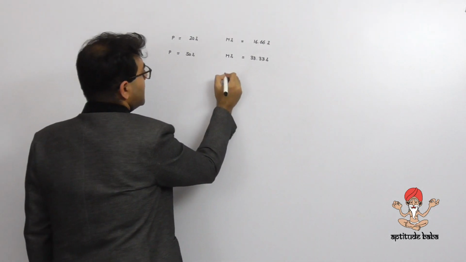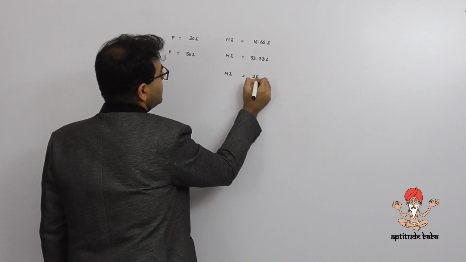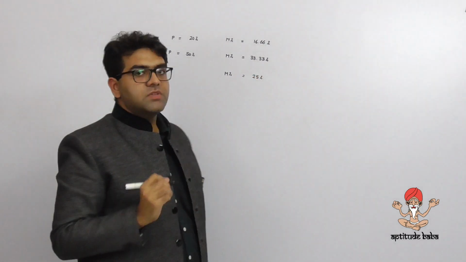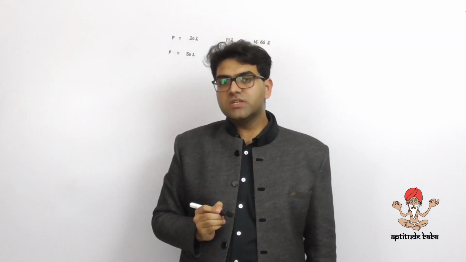Let us say that the margin percentage is given to me as 25%. If the margin percentage is 25%, I can assume the selling price to be 100 rupees. Margin is profit with respect to selling price.